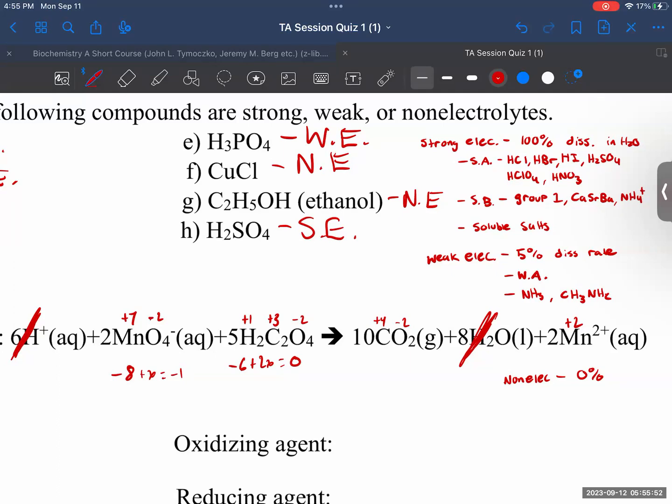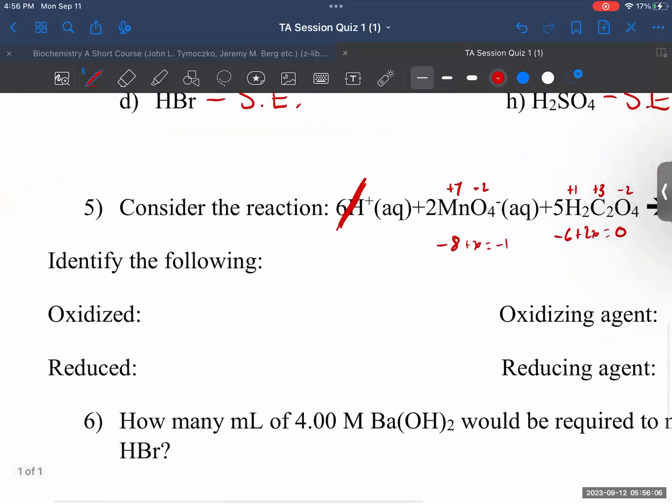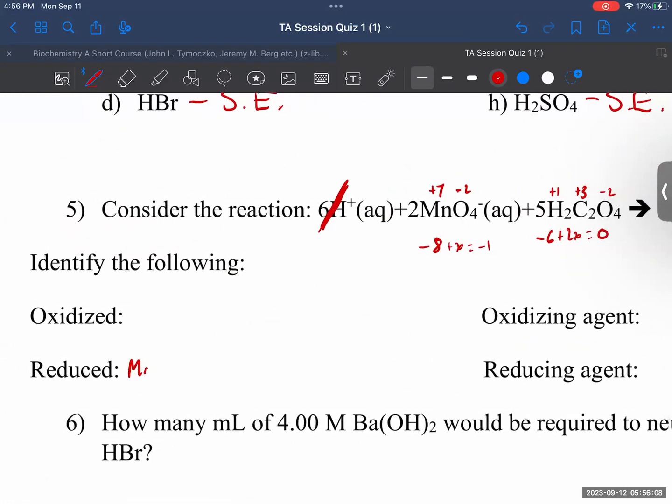Manganese is going from one oxidation state, +7 to +2, lower, but it's gaining electrons. So if it's gaining electrons, what is that? Reduced. The reduced element would be manganese.